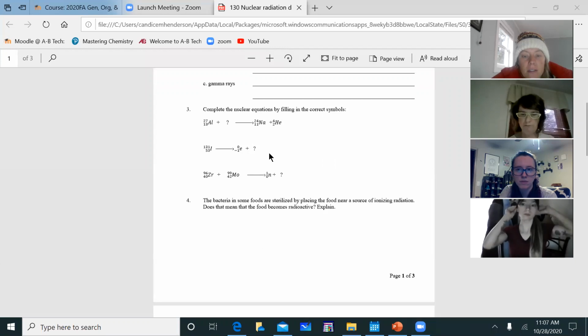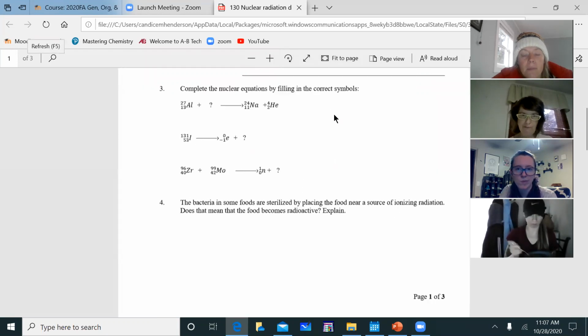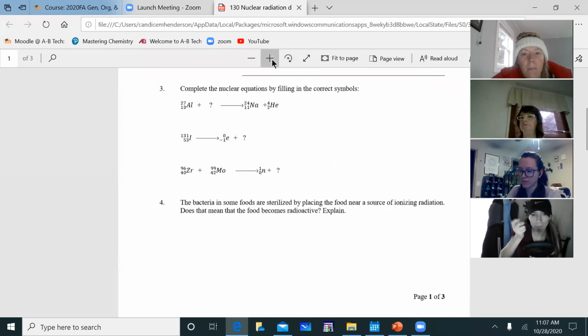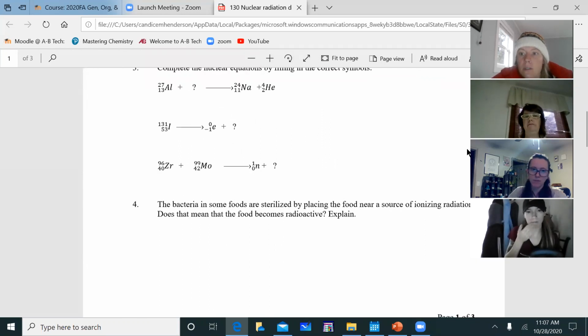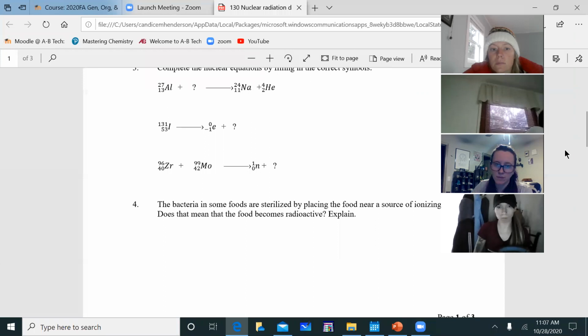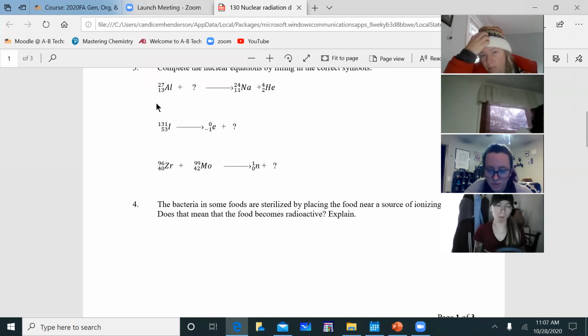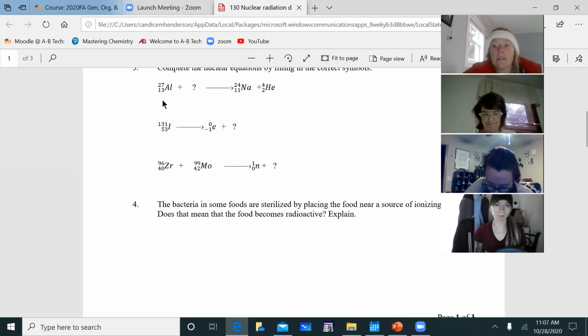All right. So looking here, let's go ahead and complete these nuclear equations. I've got aluminum 27. You can put the little 13 down there too, plus some sort of mystery symbol.